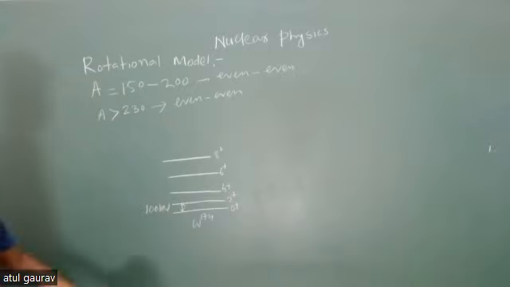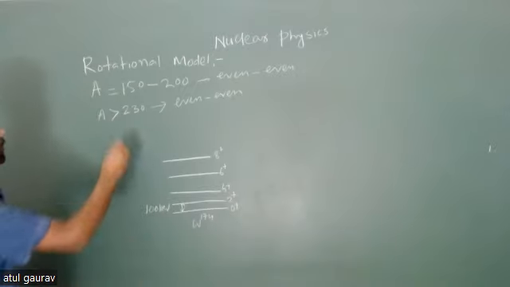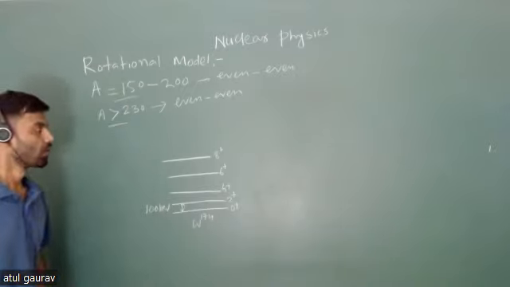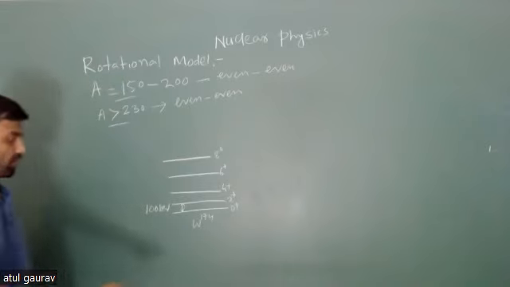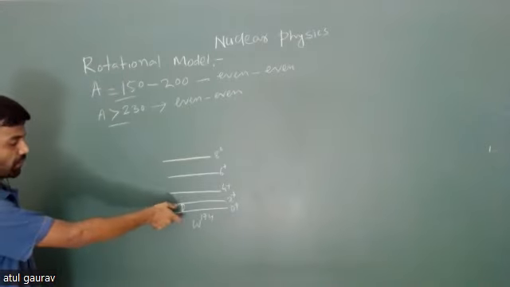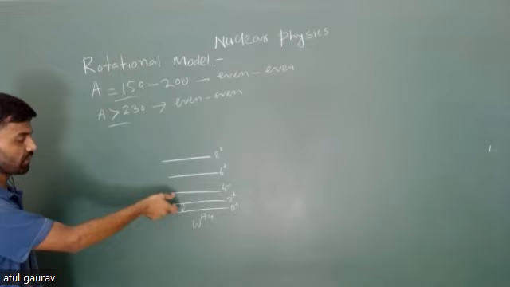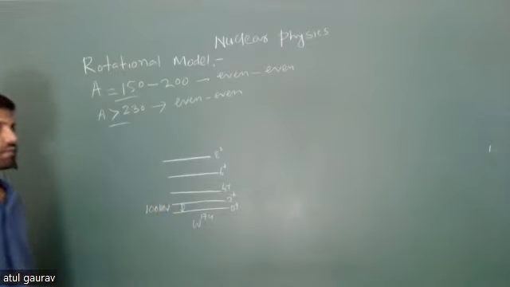So for all even-even nuclei within this range, they are getting this kind of spectra. So this is from experimental result. And the interesting fact is that the separation between two successive levels is increasing with increasing energy value.